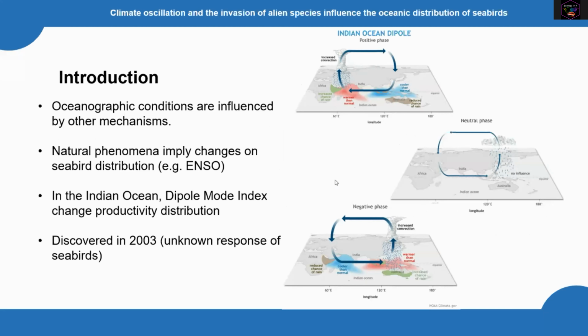However, the problem is not only related to the El Niño oscillation, which happens in the Pacific Ocean. There is another oscillation that was discovered just 20 years ago, which is not that long ago, and hasn't been studied that much, which is the Indian Ocean Dipole, and it is measured by the Dipole Mode Index.